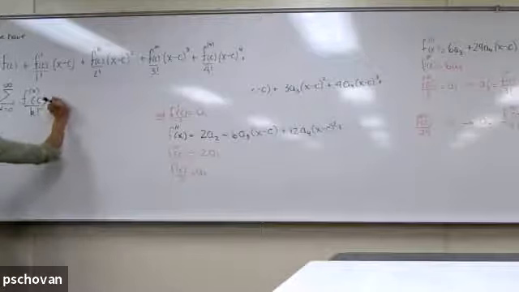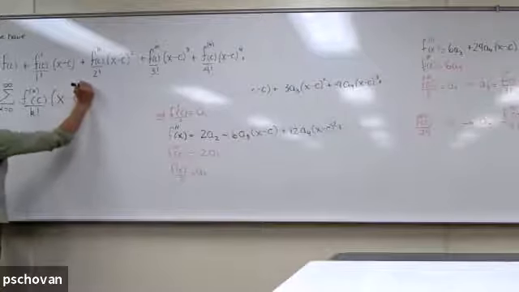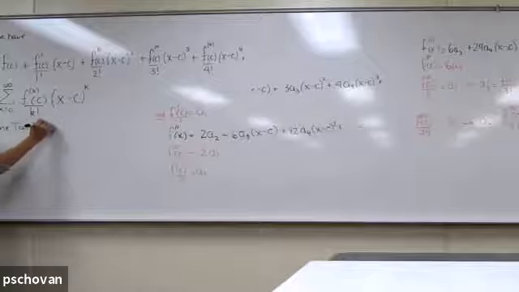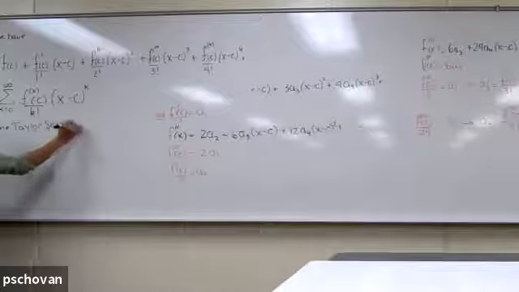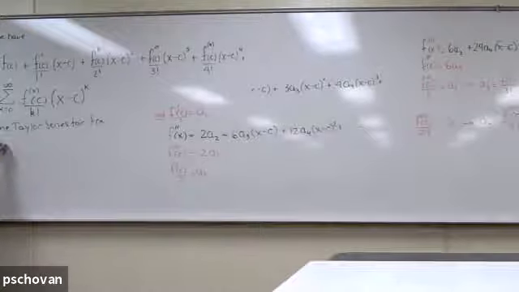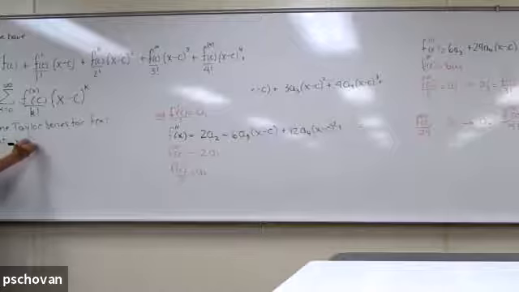And then we have x minus c to the kth power. And this is called the Taylor polynomial, or the Taylor series for f of x centered, let's just say at x is equal to c.